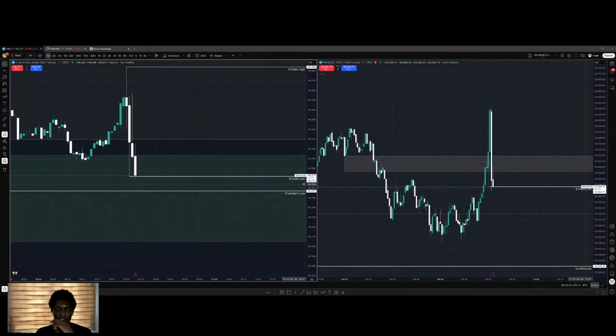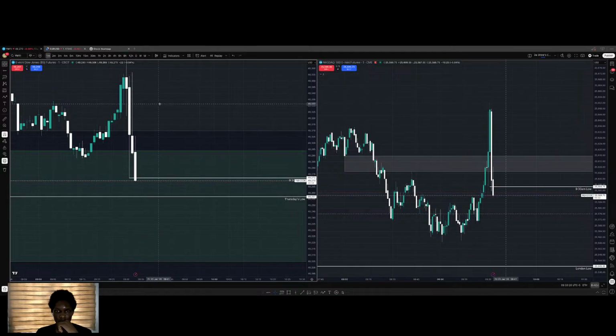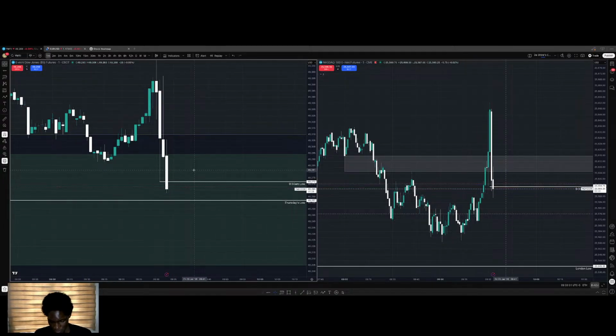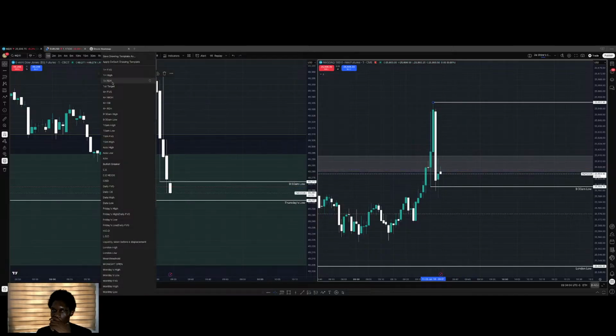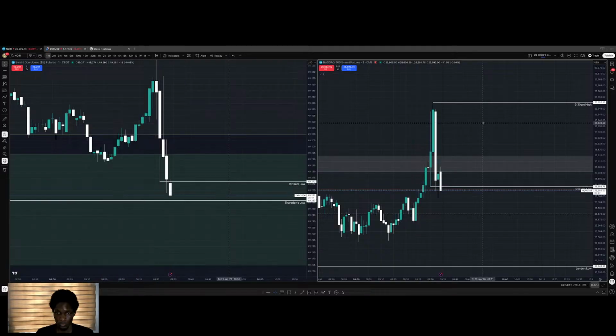So we've taken out London low. Okay, so we are creating a gap.